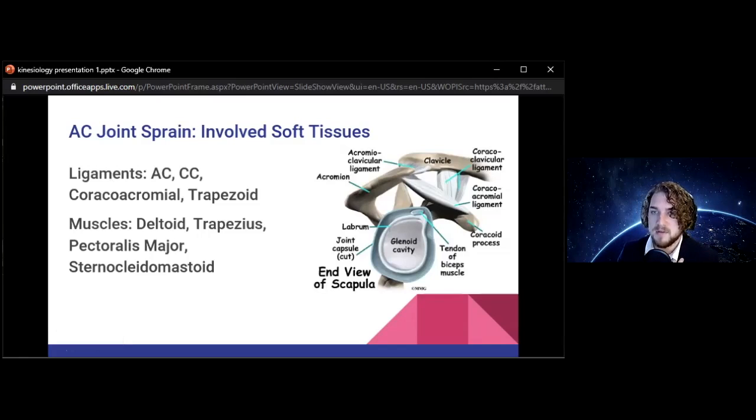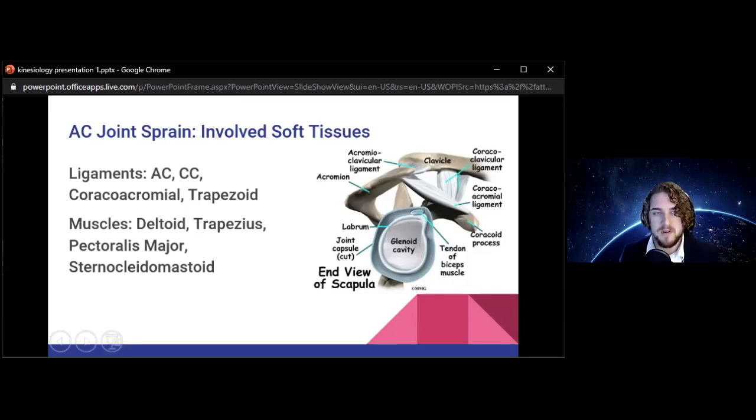The trapezoid goes from the clavicle down to the coracoid process, and the acromioclavicular ligament attaches from the distal end of the clavicle to the proximal side of the acromion.